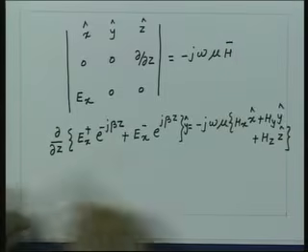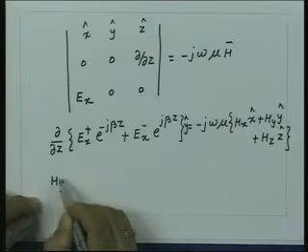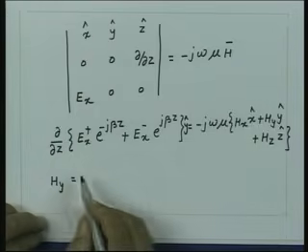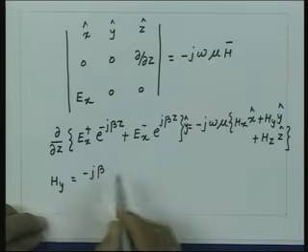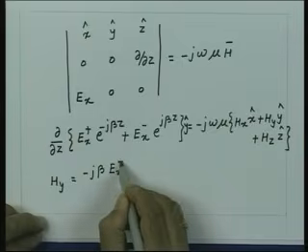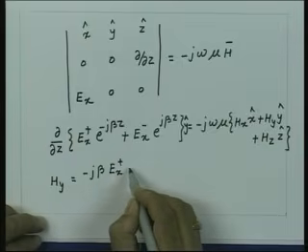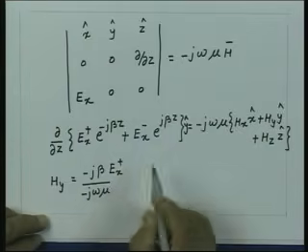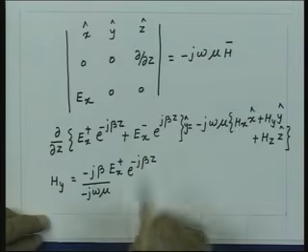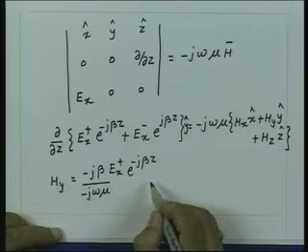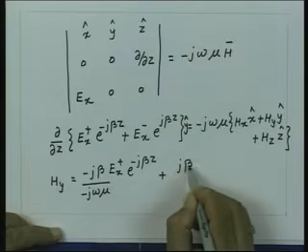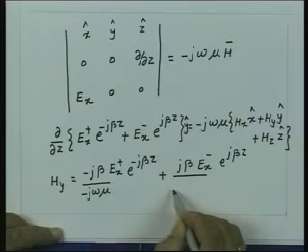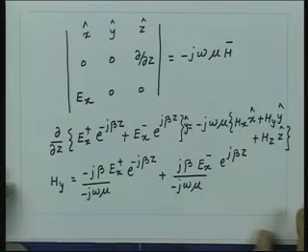So, I can now expand this and get Hy. Differentiating with respect to z, that will be equal to minus j beta Ex plus divided by minus j omega mu, e to the power minus j beta z, plus j beta Ex minus e to the power j beta z divided by minus j omega mu.